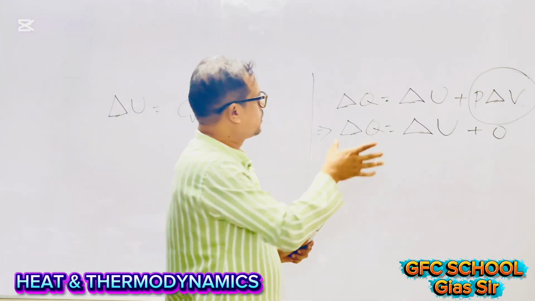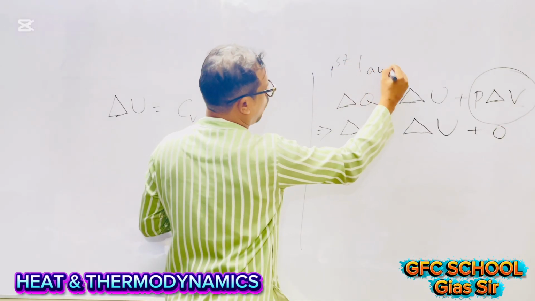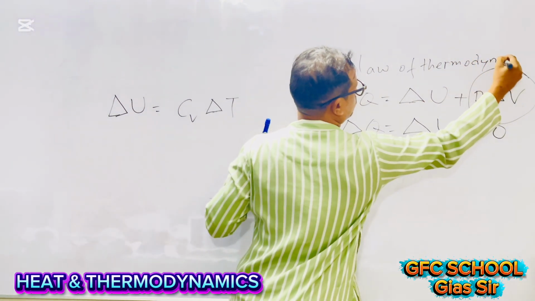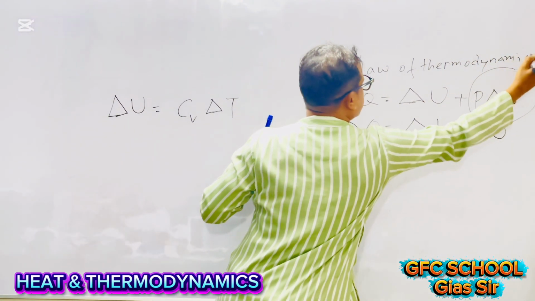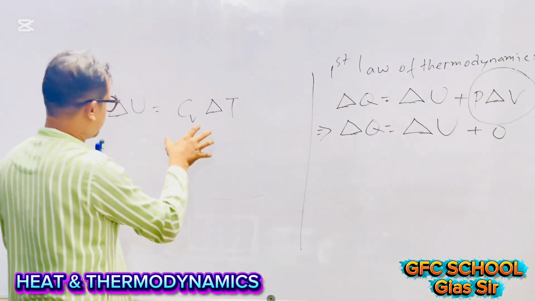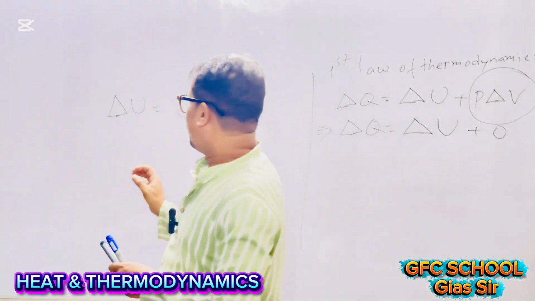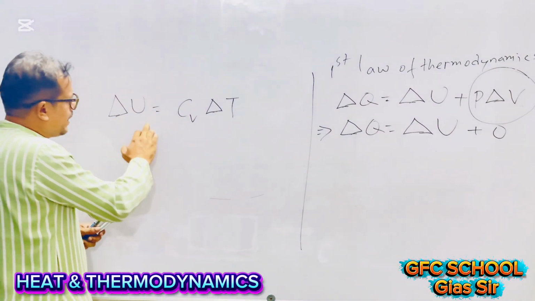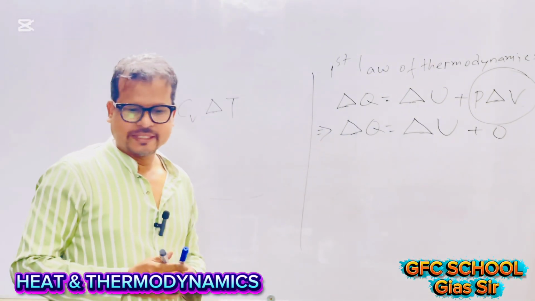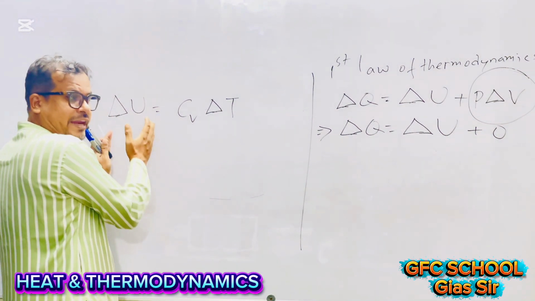This is the first law of thermodynamics, and from this first law, we have got this correlation. Here del U is the change of internal energy of the system.